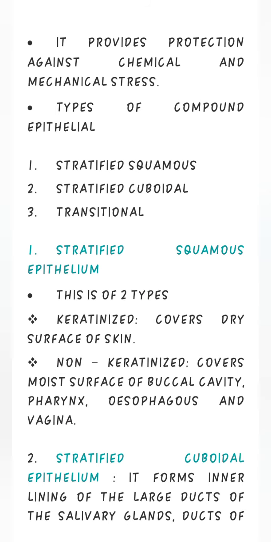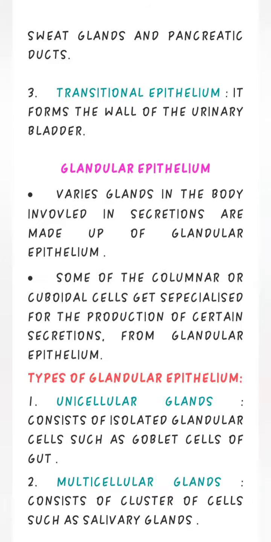Coming to the stratified cuboidal epithelium, it forms inner lining of the large ducts of the salivary glands, ducts of sweat glands and pancreatic ducts. Coming to the transitional epithelium, it forms the wall of the urinary bladder.